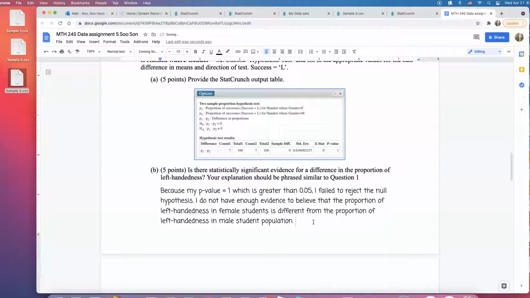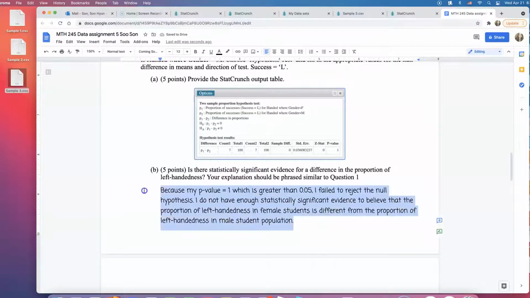I guess I can add, there is not enough statistically significant evidence. My sentence is probably not that good, but it covers everything. It talks about the p-value, how we are comparing it to the alpha level.